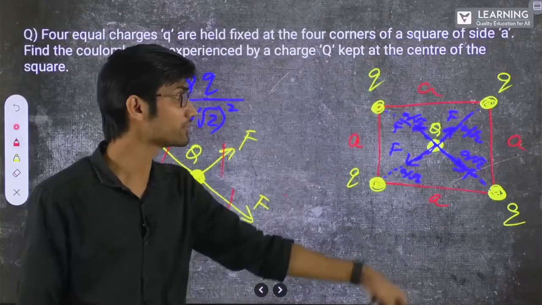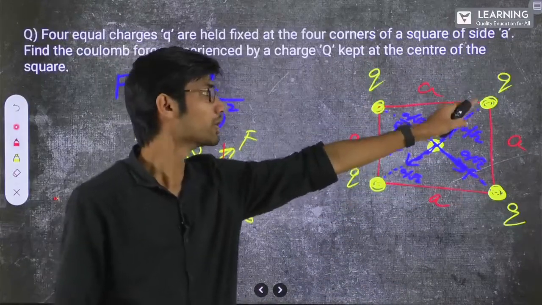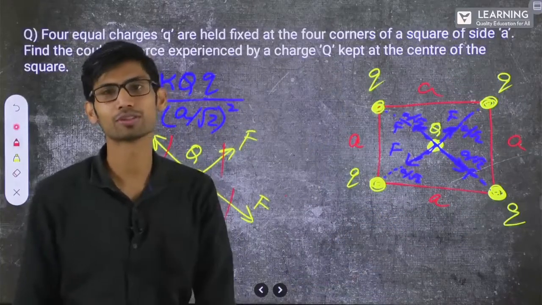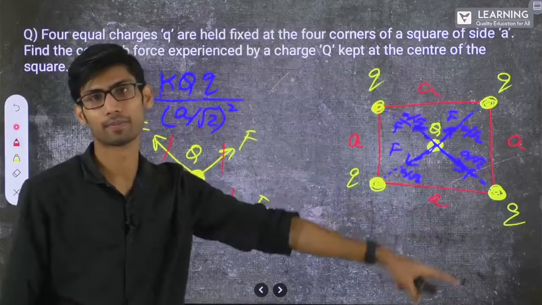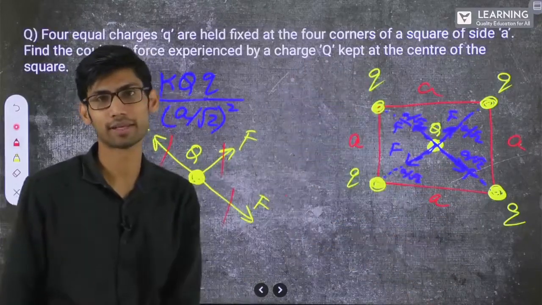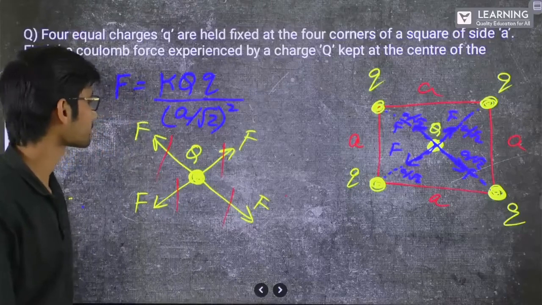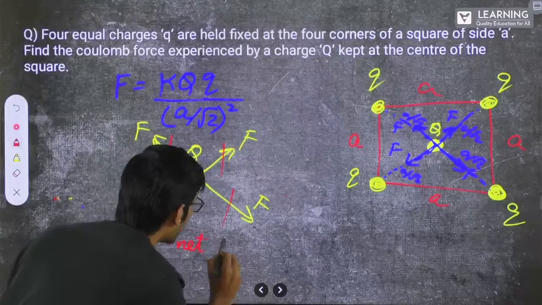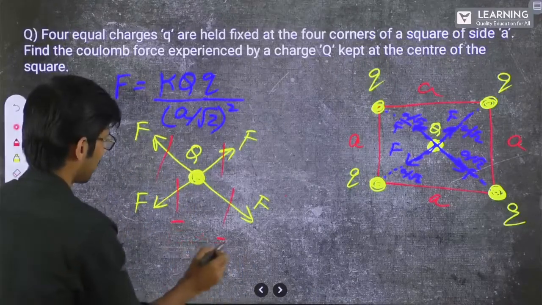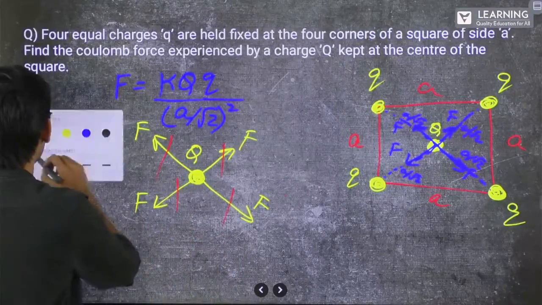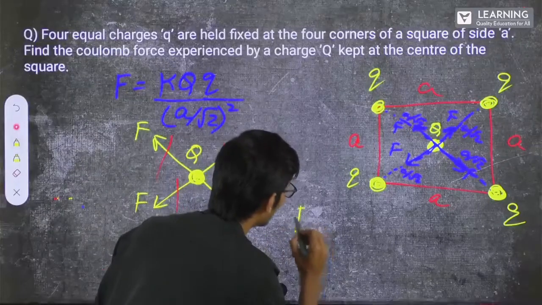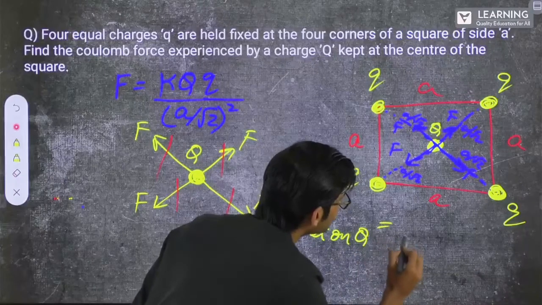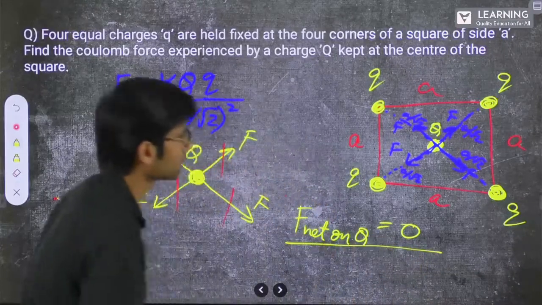If they change the value of any charge, suppose instead of Q I give 2Q here and the rest are all Q, the net force is not 0. It is 0 only when all the charges are the same. Fine. So F net on Q is equal to 0.